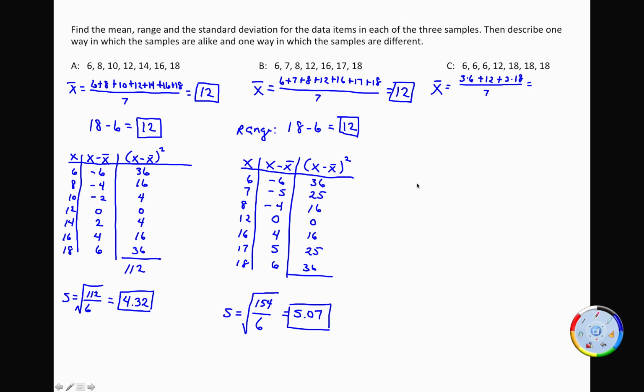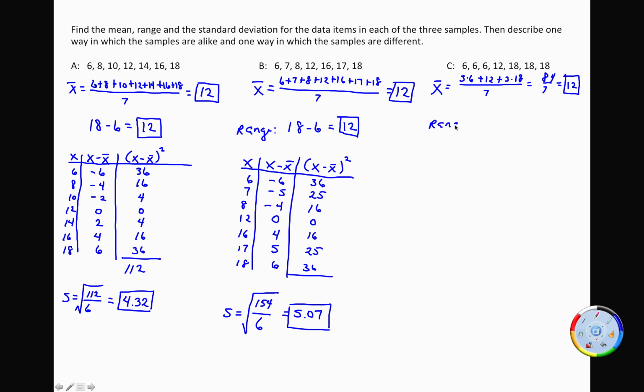Which gives me, I hit a wrong key on the calculator, I got to redo that, which gives me 84 over 7 again, so 12.